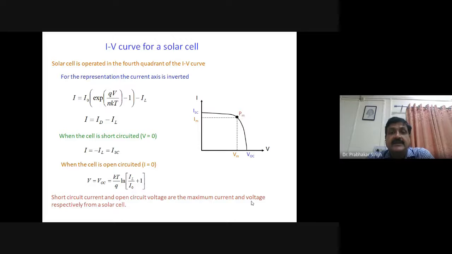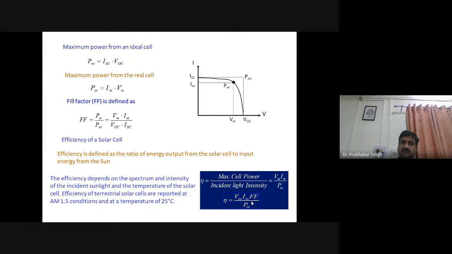So you can see that you can calculate the maximum power, all these parameters you can calculate, and probably you all know this, so I will not take much time on how to calculate it. The fill factor you can easily calculate using this. Fill factor is simply that you have to fill this region.